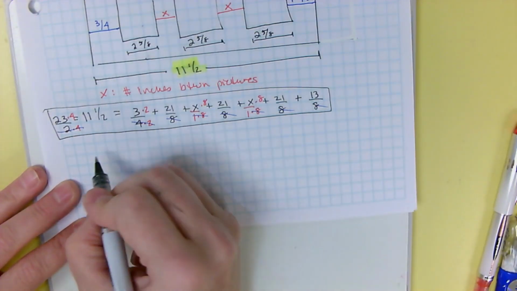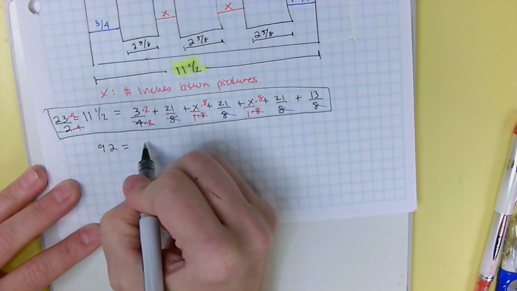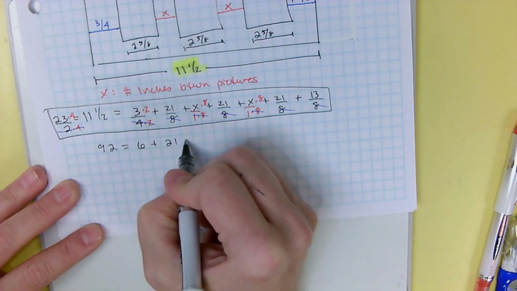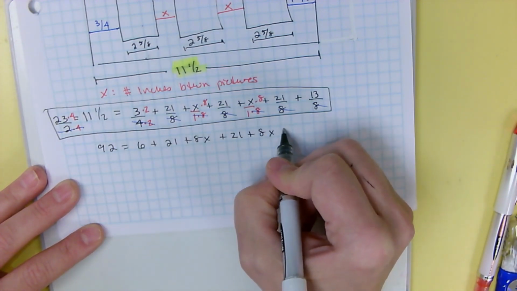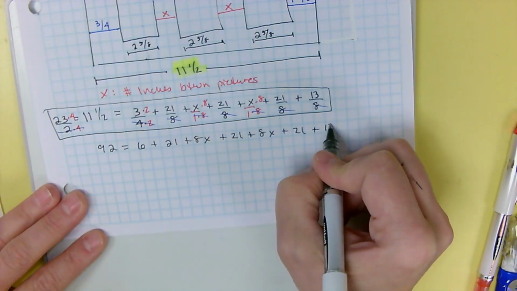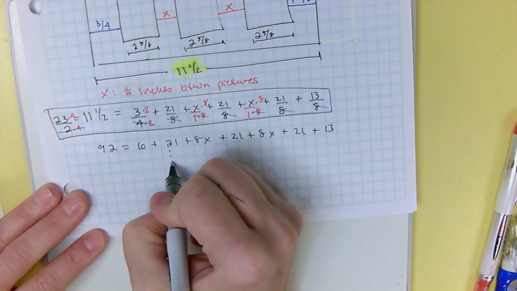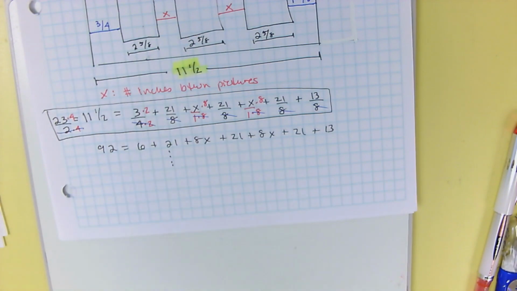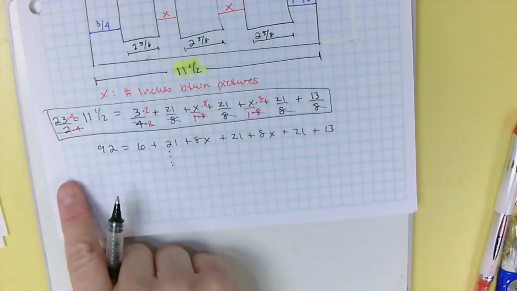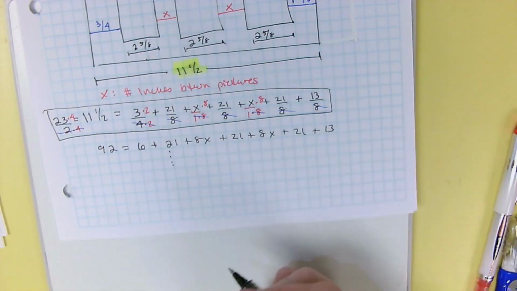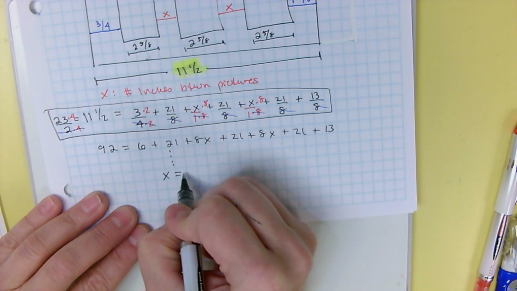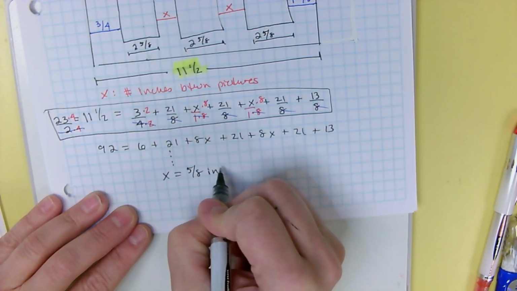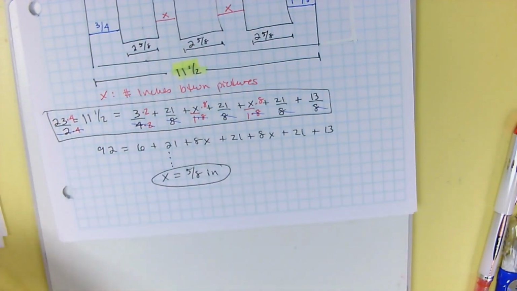And you have 23 times 4, which is 92, equals 6 plus 21 plus 8x plus 21 plus 8x plus 21 plus 13, which is a whole heck of a lot easier to solve. So basically we added up all the measurements equal to the page width, made them improper, and cleared the fractions. And again, I'm not going to finish. You know how to do this. X equals 5/8 inches ends up being the answer.